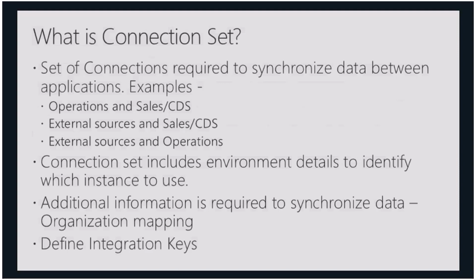The connection set itself includes actual environment details, and it also includes organizations, whether it's a business unit or the legal entity within AX, and it helps also define integration keys. Those are replacements for the natural key on the CRM side. So that's all defined on the connection set.